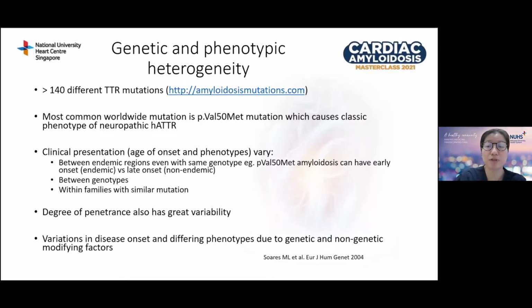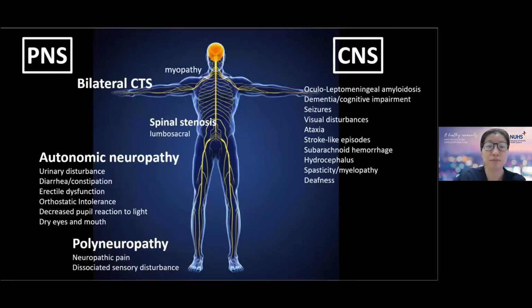Some studies have also reported a gender difference where men may be more severely affected than women, and a difference in genetic phenotypes and the age of onset are also seen within family members and even among monozygotic twins. This variation in disease onset and differing phenotypes are therefore likely not only due to genetic factors, but also from non-genetic modifying factors.